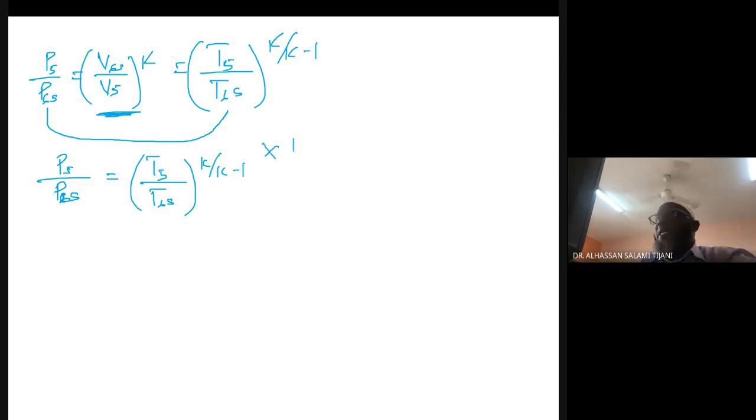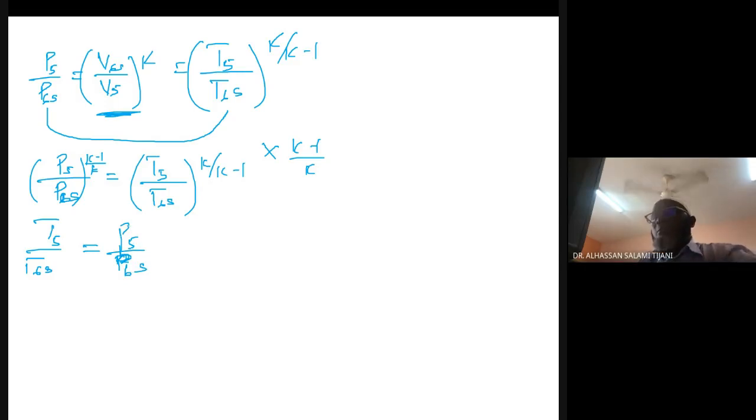So I'll multiply this by K minus 1 divided by K, and do the same thing to this, K minus 1 divided by K. Eventually I will have T5 divided by T6S equals P5 divided by P6S, all raised to the power K minus 1 divided by K.